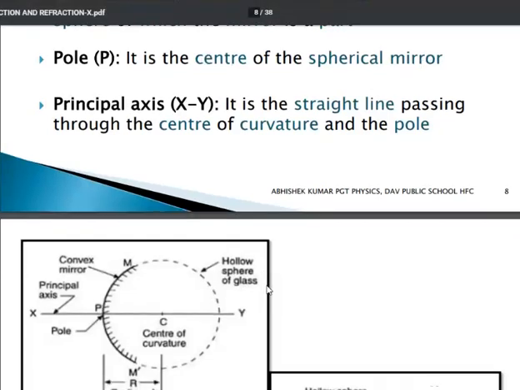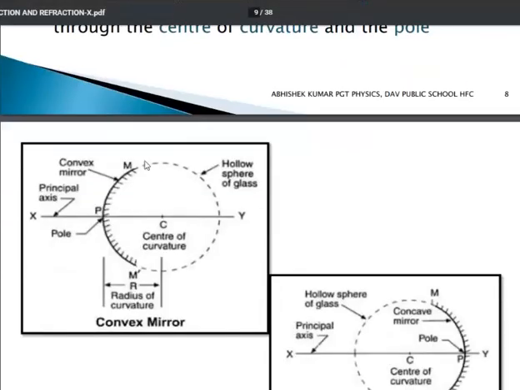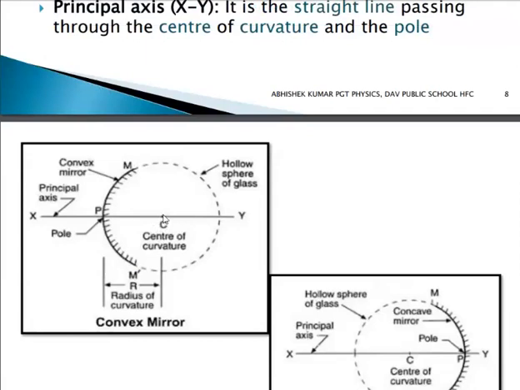Here, looking at the picture, this is the spherical mirror, and if you virtually imagine that this spherical part is extended to complete a whole sphere like this, then the center of this sphere will be called the center of curvature.